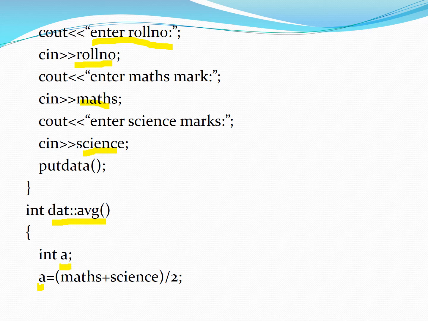That is nothing but maths marks plus science marks divided by 2. Once the calculation is over, the result is stored into a. Now the calculation part is over. After the calculation, we are going to display the average. We'll see how we display the average by using the put data function.